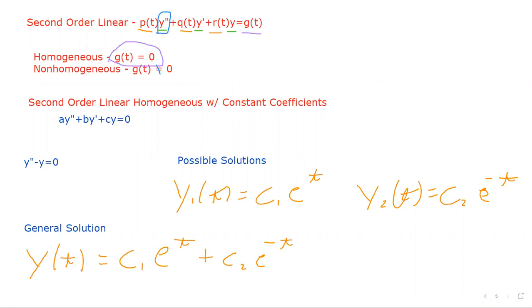And if we had any combination of something times e to the t and something times, plus or minus, something times e to the negative t, then it would still work out that our overall equation would be satisfied.